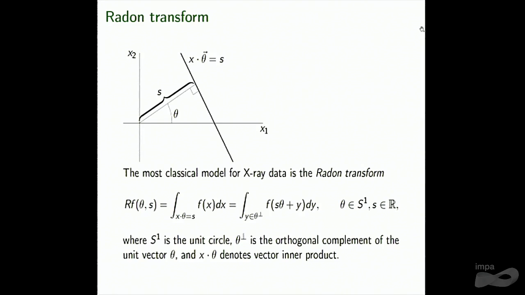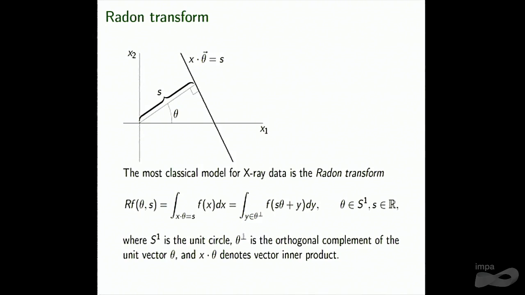The Radon transform, the classical definition, goes like this. We have some line, any line in the plane, and we can parameterize it in this way. We take this line from the origin to the line that has a straight angle here. S is this distance along here, and theta is the angle here.